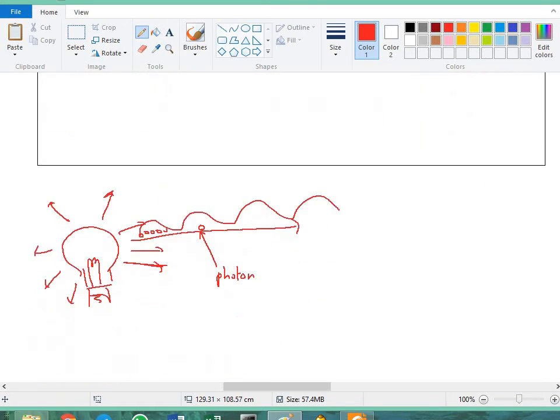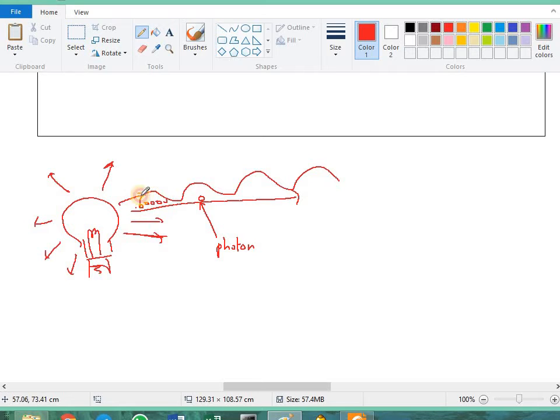So each and every photon will have higher energy inside, if the frequency is higher.